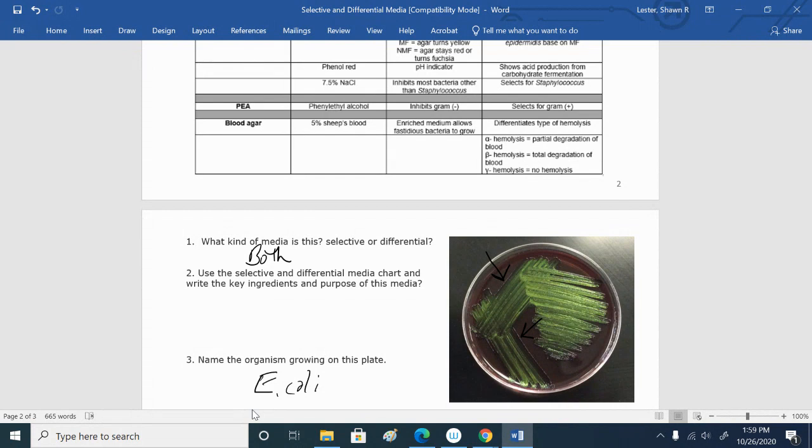And eventually the dark purple may start to fade away too. So we always examine our selective and differential media plates within 48 hours. And if we can't do that, then we stick them in the refrigerator because we do not want them to overgrow, because the colors are not permanent. They will change. And on EMB especially, they will change.